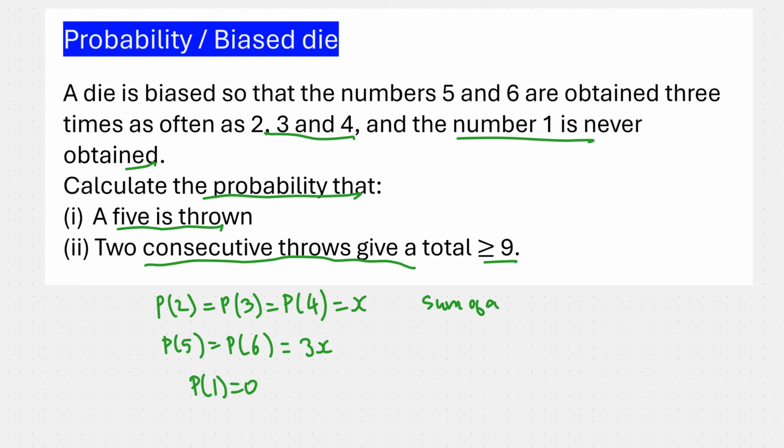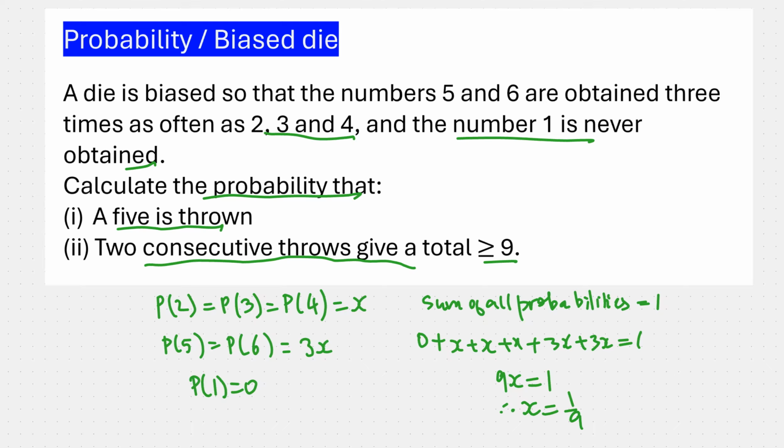So 0 plus x plus x plus x, plus 3x plus 3x is equal to 1. That's 9x equals 1. Therefore, x is 1/9.